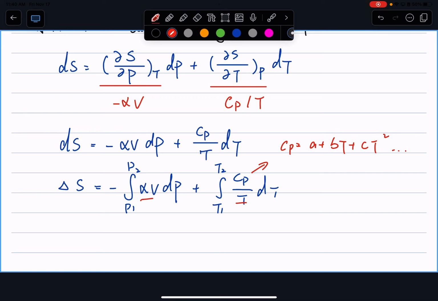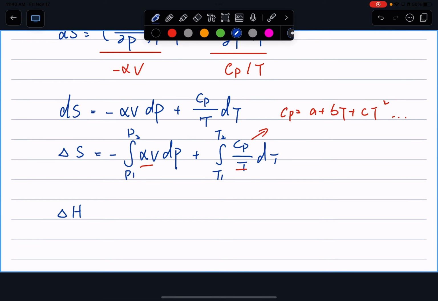Okay, and the same applies to enthalpy. So we have dH equals Cp dT minus (TV alpha minus V) dP.